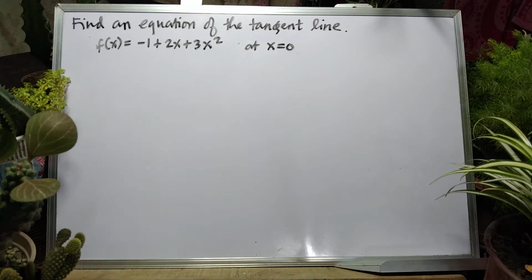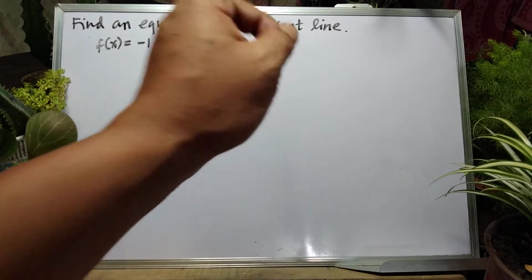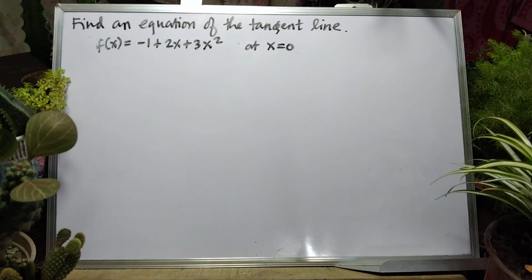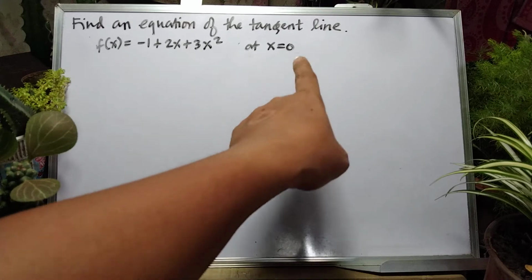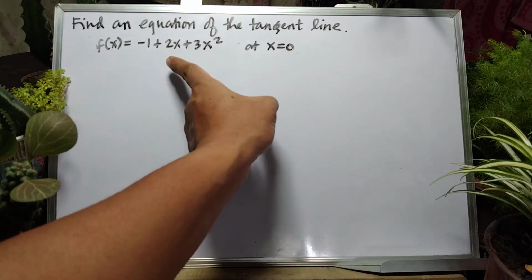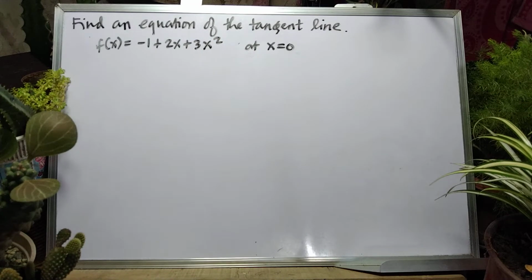Pa-determine nato si slope, we just simply substitute the value of our x, no? Adtong na-solve. While in step 3, we need to find the certain point when x is equal to 0, using the original equation. And step 4, we will find the equation of tangent line using the point-slope form. Okay, so let us consider this one.